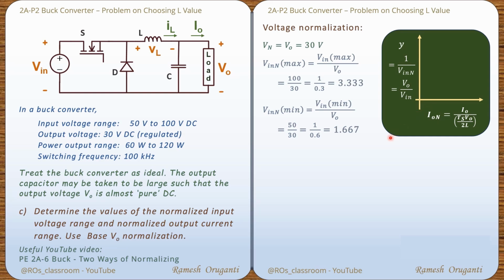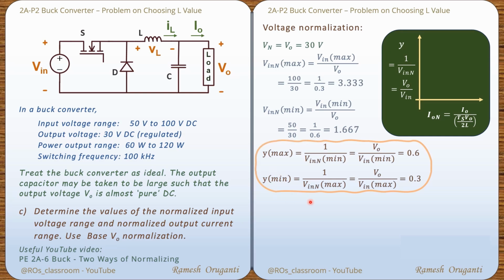Y max will be 1 over V in N minimum, that will be equal to V0 by V in minimum, that will be equal to 0.6. Y minimum equals 1 over V in N maximum, that is equal to V0 by V in maximum, that is equal to 0.3. Next we will do the current normalization.